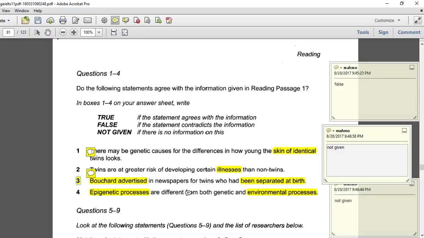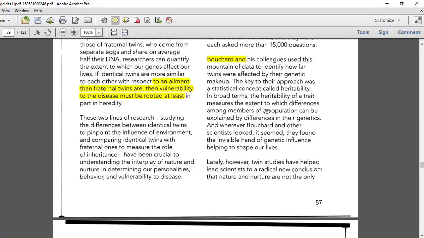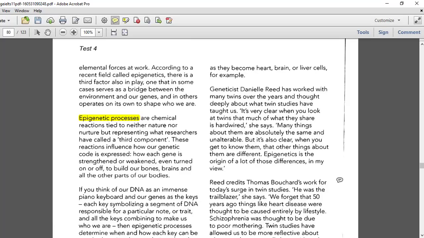Epigenetic processes are different from both genetic and environmental processes. Epigenetic processes are chemical reactions tied to neither nature nor nurture, but representing what researchers have called a third and unknown component. Nature means genetic, nurture means environment.